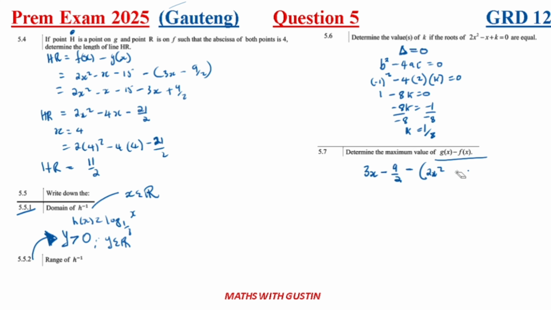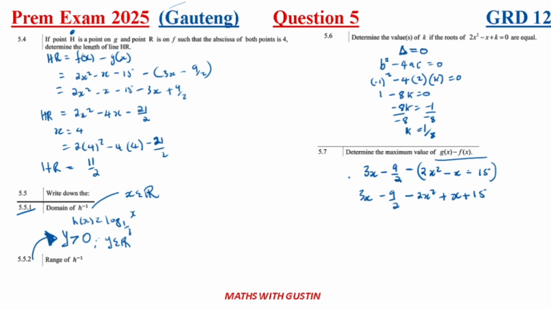Okay. I already multiplied by the negative. Anyway, it's fine. I don't want to confuse you guys here. So 3x minus 9 over 2 minus negative 2x squared plus x plus 15.